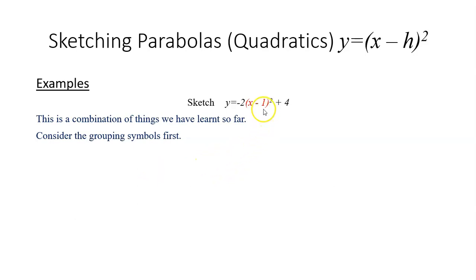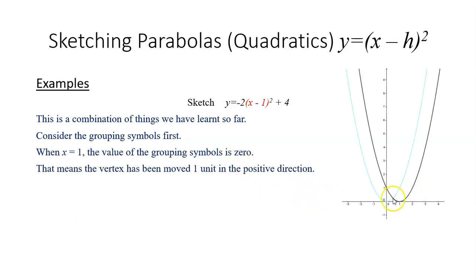Consider the grouping symbols first, x minus 1. Well, when x is 1, the value of the grouping symbols is 0. So what that does is it moves the parabola to the right one in the positive direction, because when x is 1, that makes that 0. So my h value is positive 1 there. That's where my new vertex is.